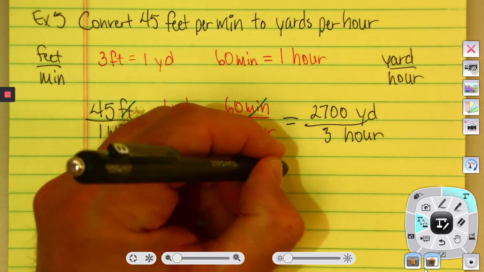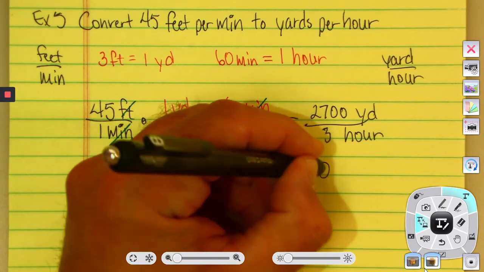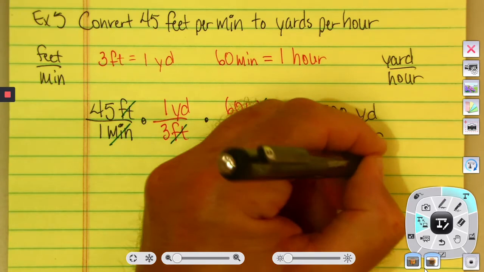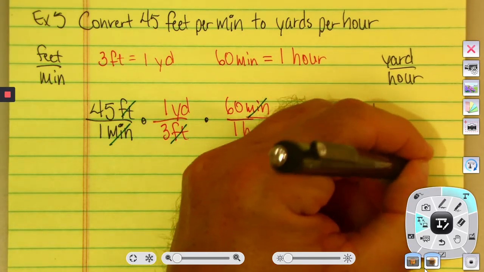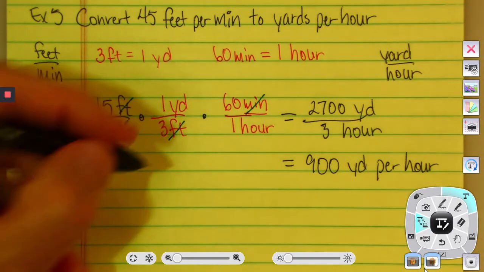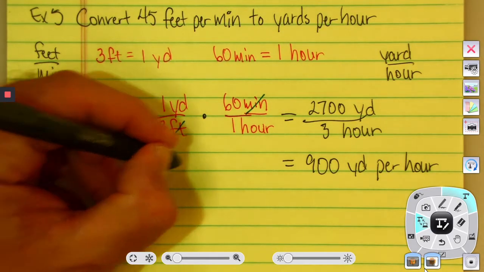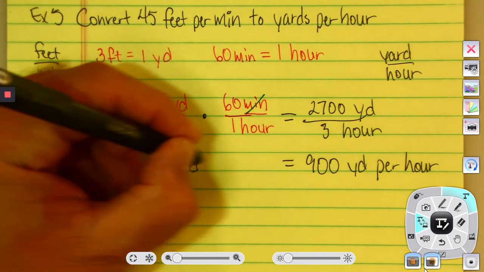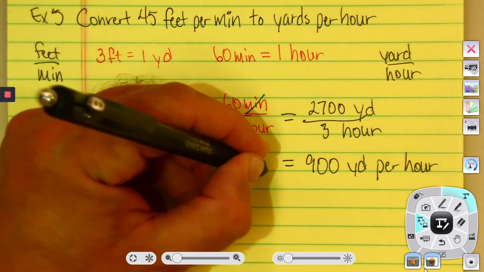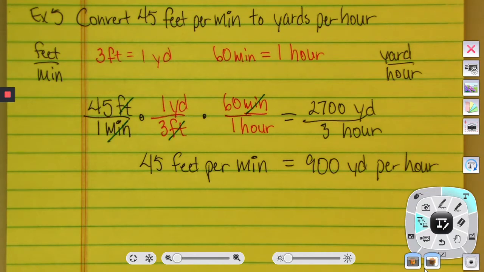So it is 900 yards per hour. So 45 feet per minute equals 900 yards per hour.